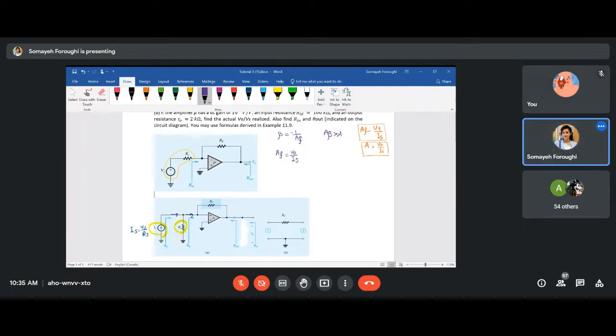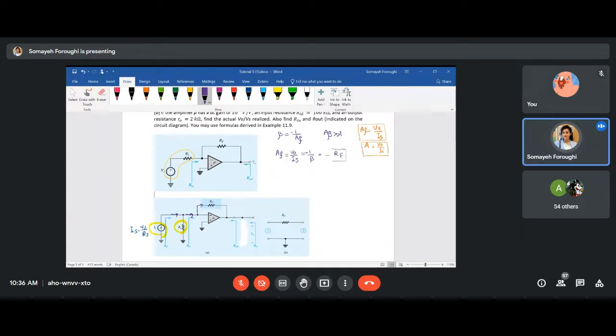And then it will not enter the terminals of the amplifier, so it will just entirely enter RF. So it means VO over IS, which you can also claim to be 1 over beta. Actually, it was negative 1 over beta, is the same as negative RF. It's like we are finding, using Ohm's law, the resistance from VO over IS.